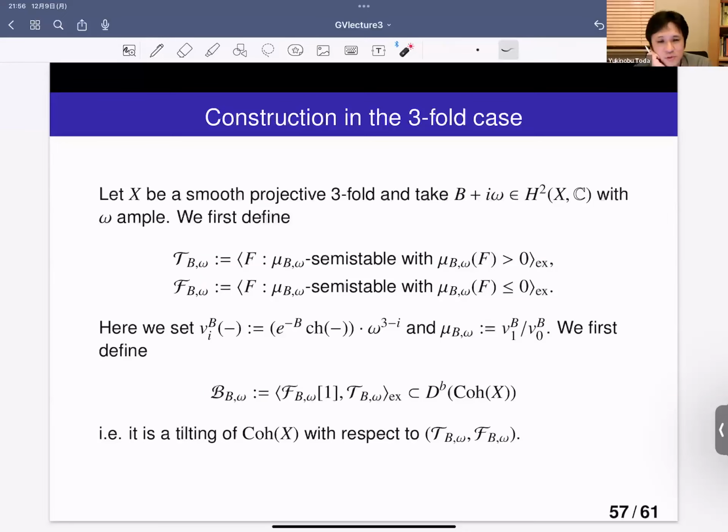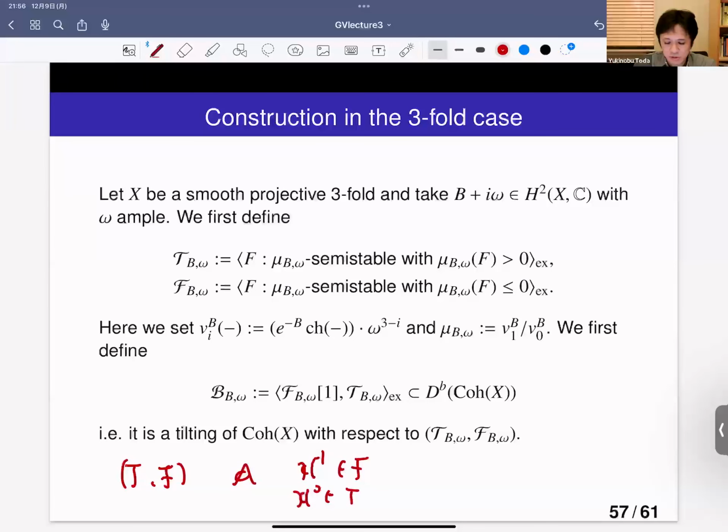And in the previous lecture, I explained that using the torsion sheaves and torsion free sheaves, we can construct another heart of t-structure, when T is the torsion sheaves and F is the torsion free sheaves. So there is some heart of t-structure A such that the -1 cohomology lives in F and H0 lives in T. And this notion can be generalized to the so-called torsion pair.